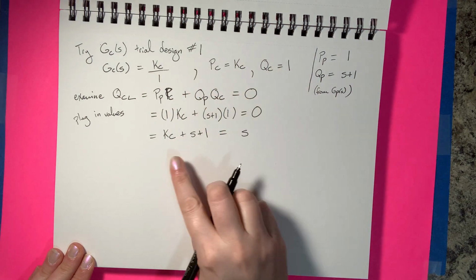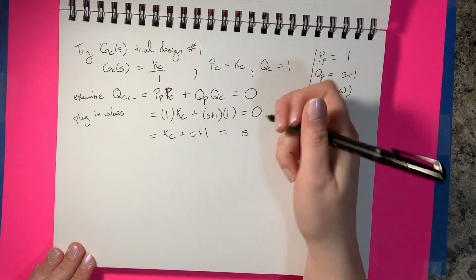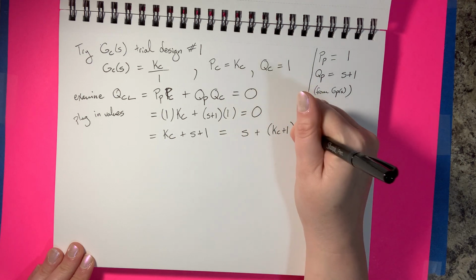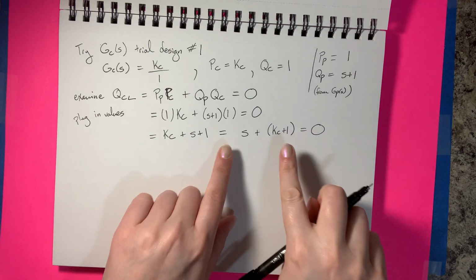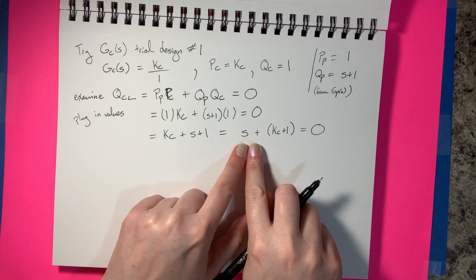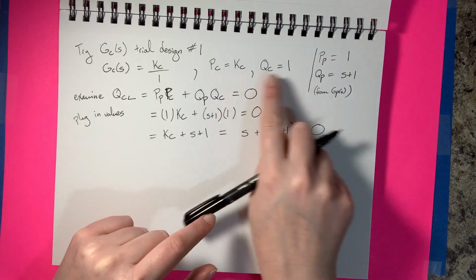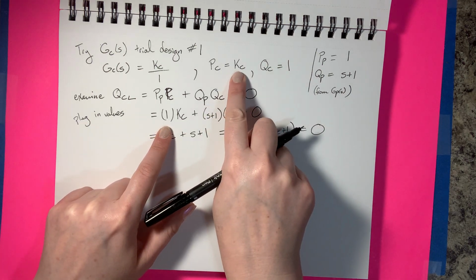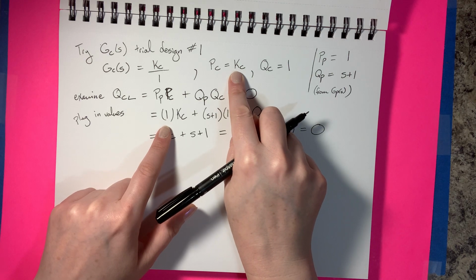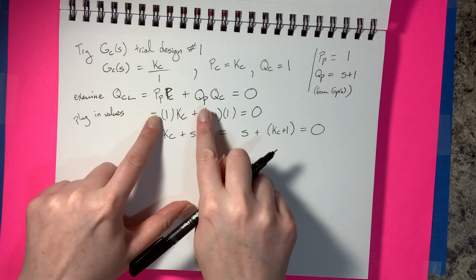And so if we were to write it in the descending polynomial kind of order, it would be this right here, S plus KC plus 1, right there. Okay, so I'll point this out at least one more time, but you can see that if I were to plug in something more substantial for the numerator, so our numerator here was KC, but say I have like S plus A times S plus B, something like that, you could see that that would increase the system order.